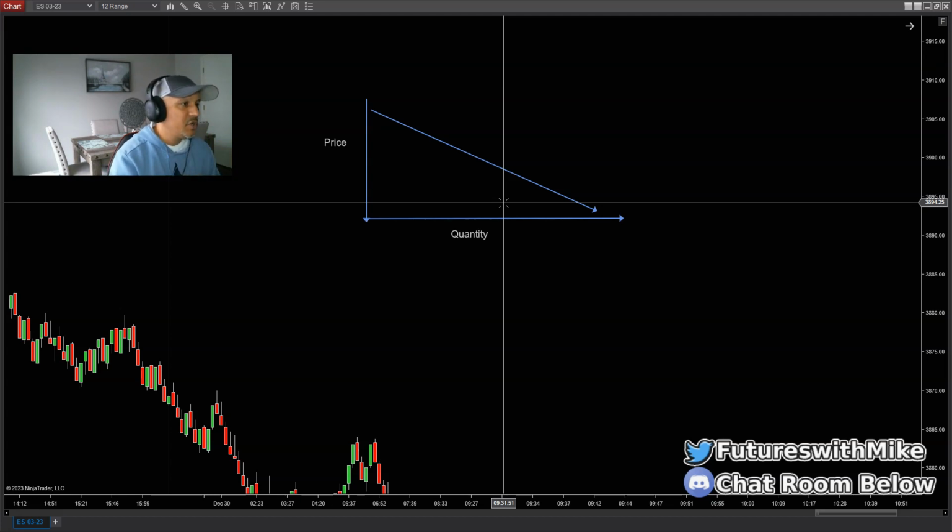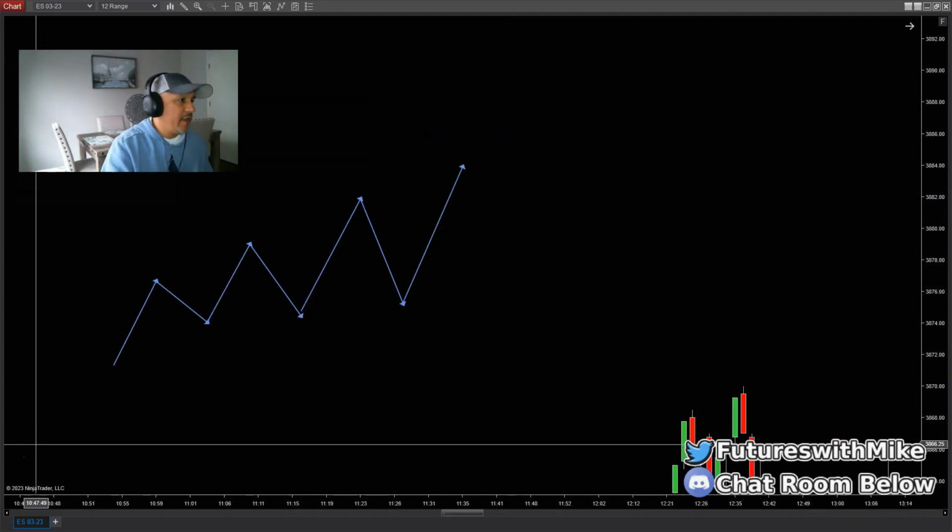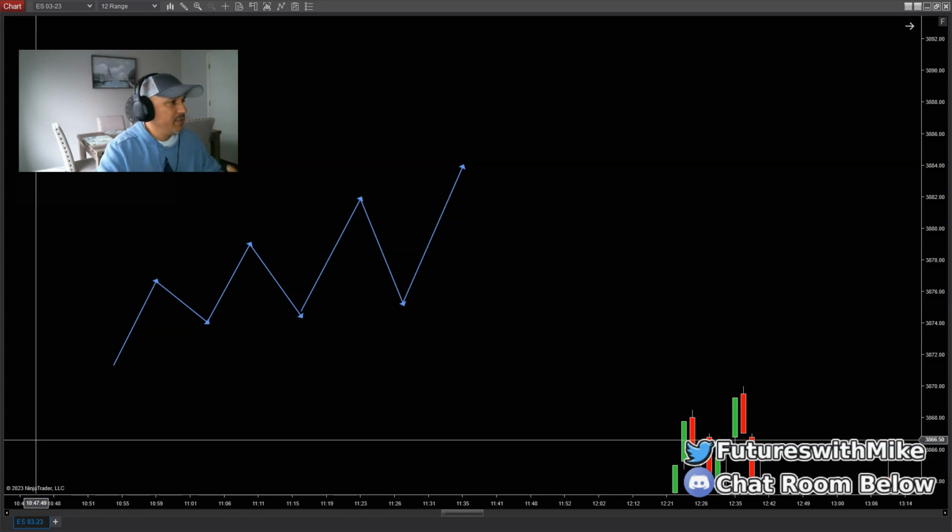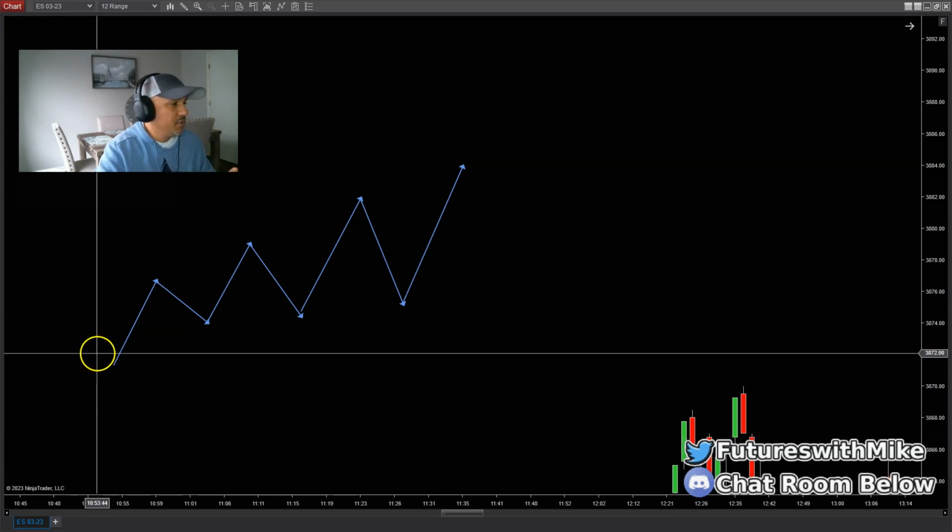So let's go ahead. I'm going to show you some quick examples, as well as basic market structure, of what the market looks like as it's making shifts to the upside and shifting to the downside, to give you an understanding of those ebbs and flows and where to find demand and supply. What I've drawn here is simply using a basic arrow drawing tool.